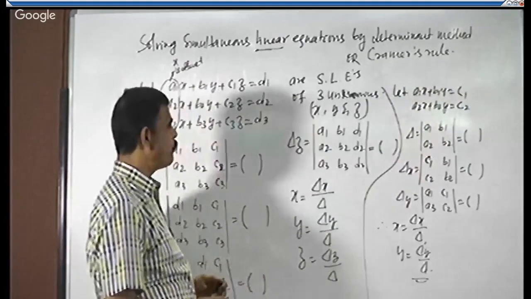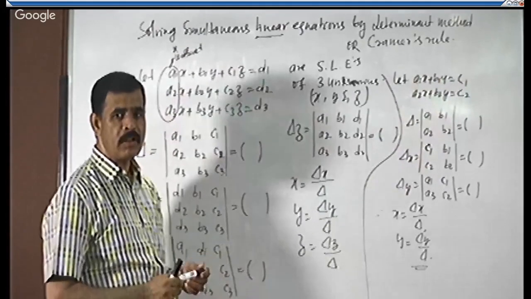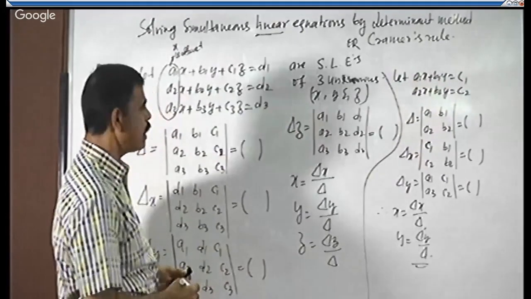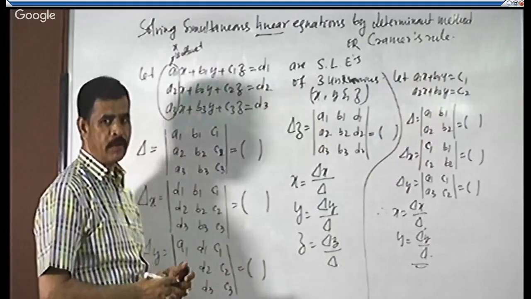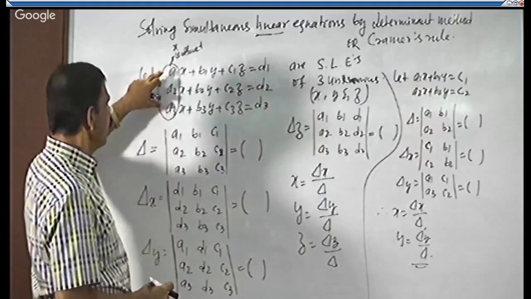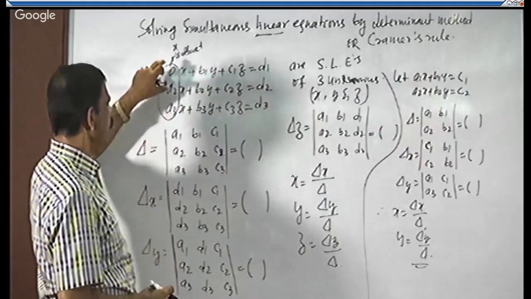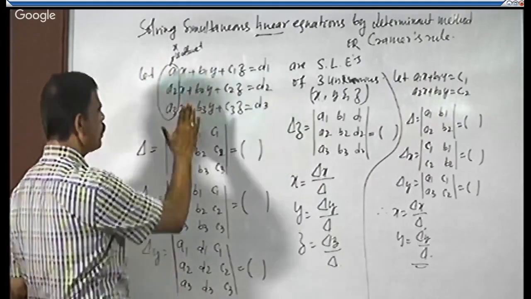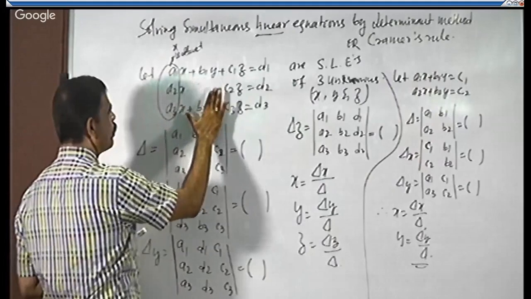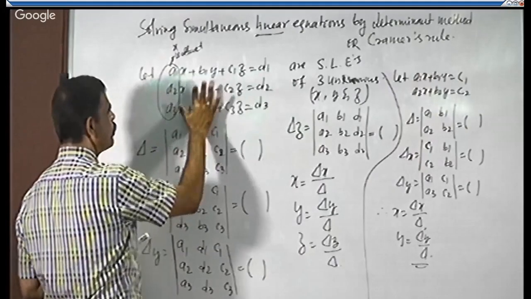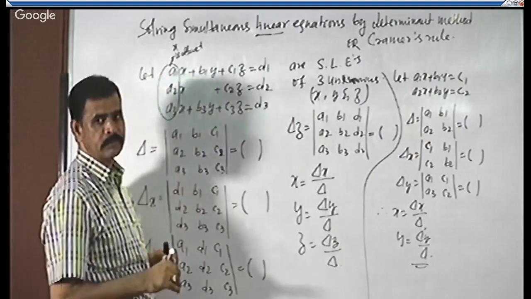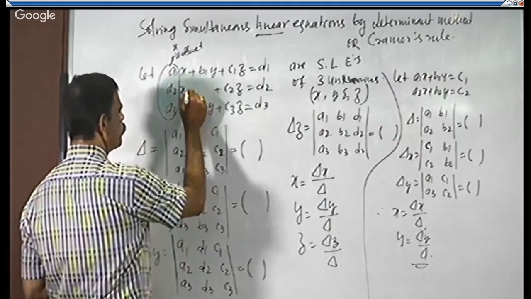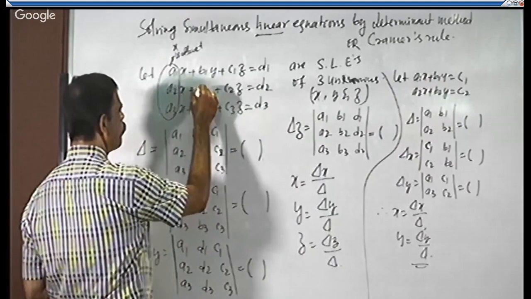Suppose the given equations are not in standard form, then what to do? We have to take them into standard form. Suppose in the given equation some unknown is missing. Suppose here in the second equation the second unknown is missing. What we have to do? In that position, we have to take 0 into y.